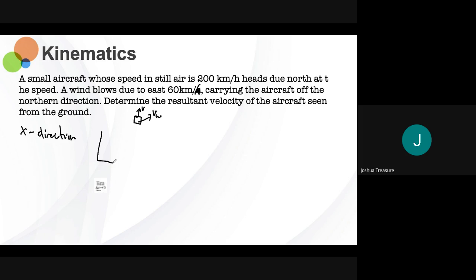Let's draw a diagram showing the velocity of the wind, VW, and we have of course a y component, VWy, and an x component, VWx. All right, so how would we determine our VWx? How would you determine the velocity of the wind in the x direction? What should we use? Sine, cos, or tan?